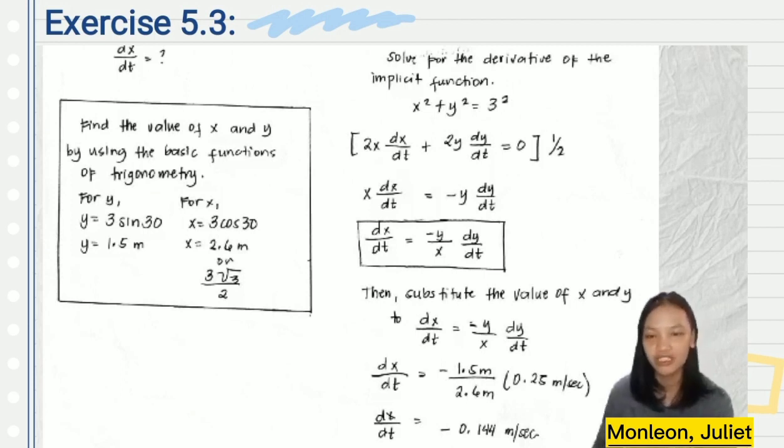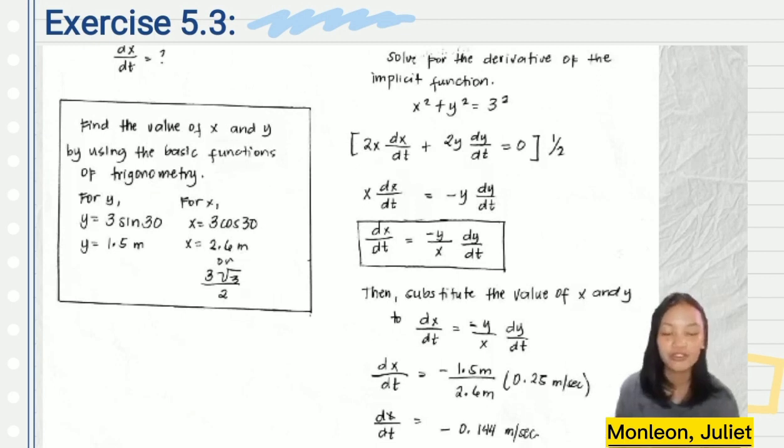So 3 cosine 30 is equal to 2.6, or 3 square root of 3 over 2. So the x value is equal to 2.6 meter. Then, we will substitute the values of x and y into the equation that we came up with earlier.